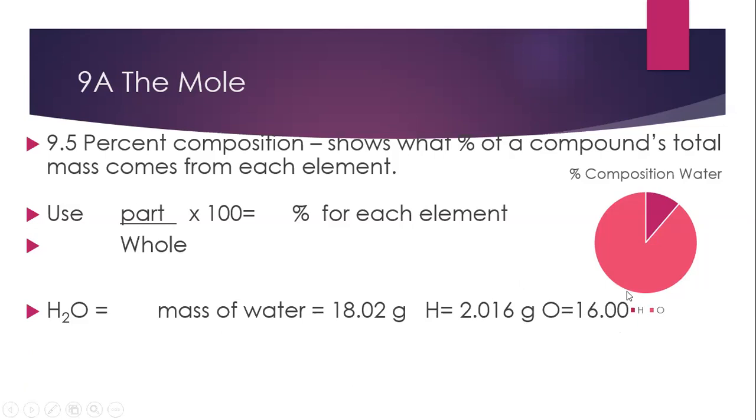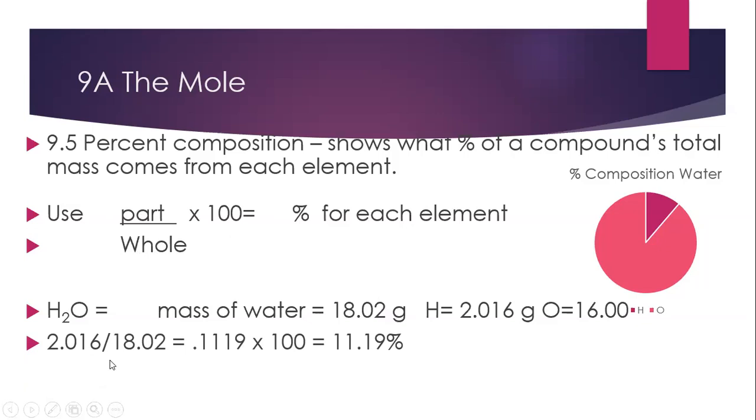If we add these up, it gives us a total of 18.02. So we take the part of hydrogen, the 2.016, divide it by the whole of the water, 18.02 grams, times 100, which gives us the percent that is hydrogen. Do the same thing for oxygen, 16 divided by the 18.02 grams total times 100, and it would give us a percent.